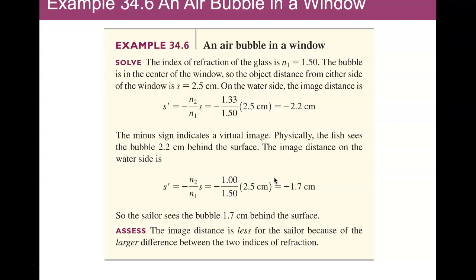It's not that the rays physically converge somewhere. You have to trace them back. So the correct formula, if you want it to tell you whether the image is real or virtual, has a minus sign, and S should be entered as a positive number because the object is real, and S prime, because of that minus sign, comes out as a negative number, which means it's a virtual image.